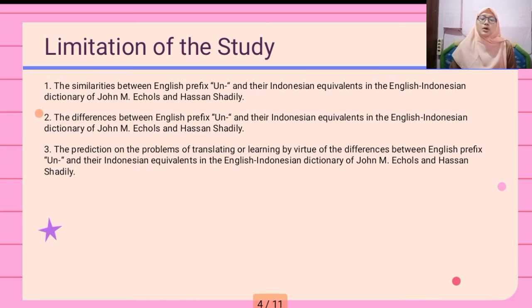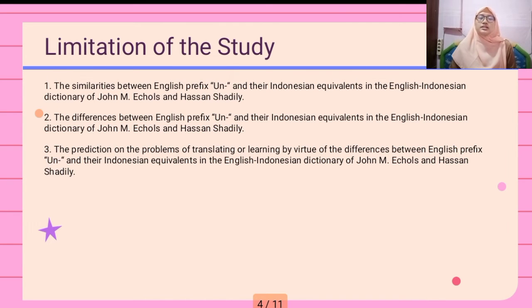And next part is the limitation of the study. The limitations of the study are as follows: number 1, the similarities between English prefix and their Indonesian equivalent in the English Indonesian dictionary of John M. Eccles and Hasan Sadili. Number 2, the differences between English prefix and their Indonesian equivalents.